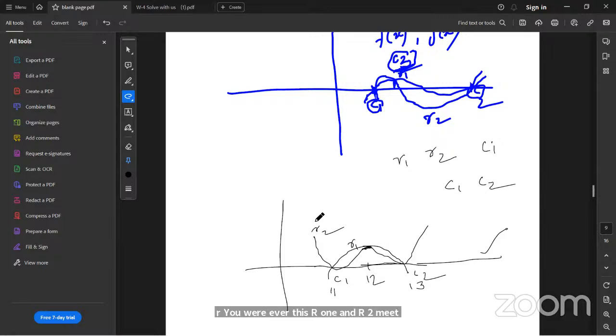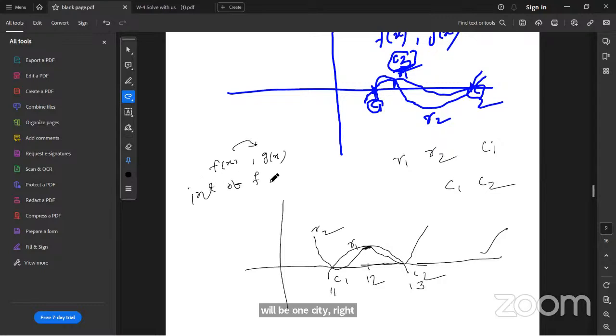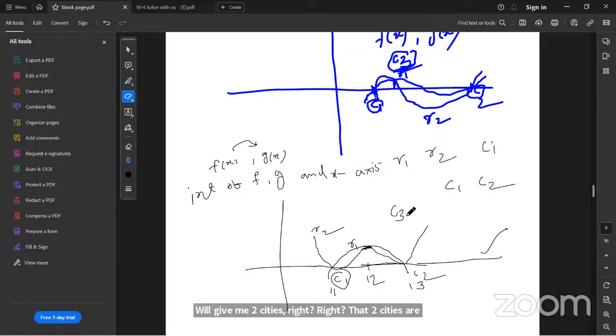That is, wherever f(x) and g(x) intersect with the x-axis, there will be one city. The intersection of f, g and the x-axis will give me two cities, C1 and C2. Now you need to find the position of C3. What remains when you equate this?